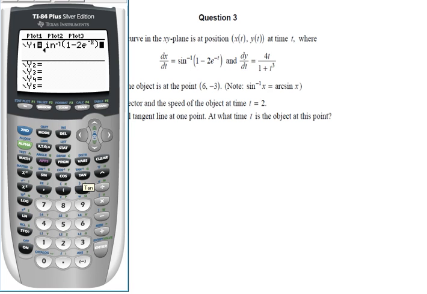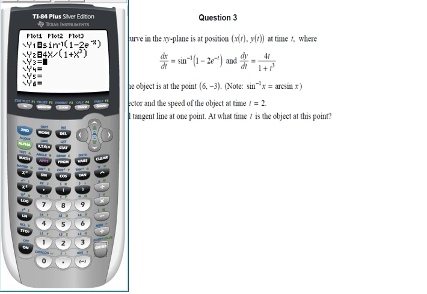And so I have arcsine of 1 minus 2e to the negative x. That's my dx/dt. My dy/dt is 4x divided by, and I'll need parentheses there, 1 plus x to the third power, and we have our two functions in there now, 4x over quantity 1 plus x cubed.